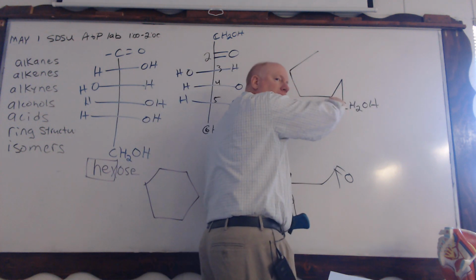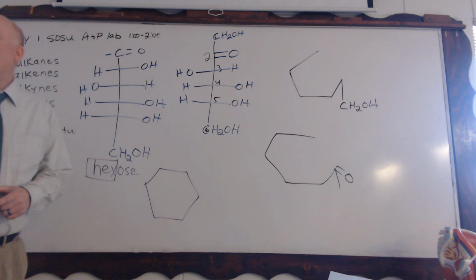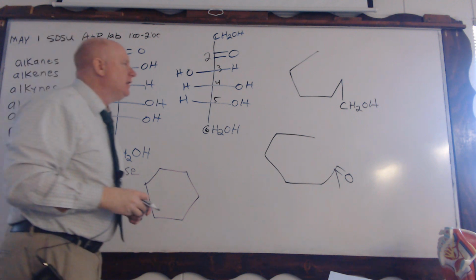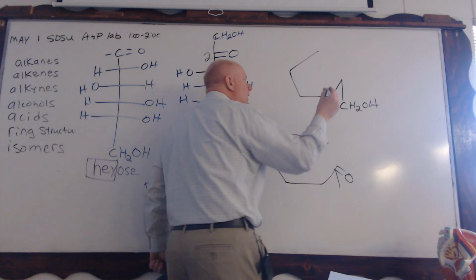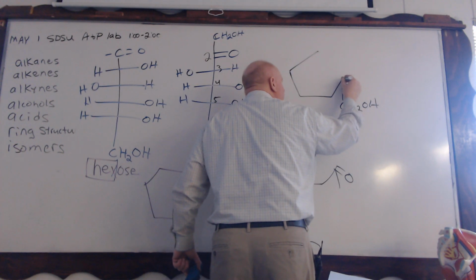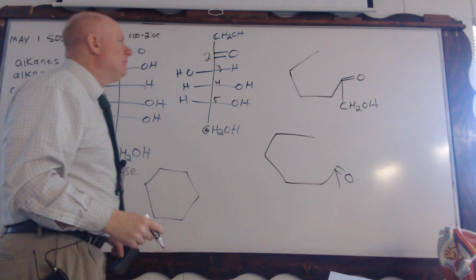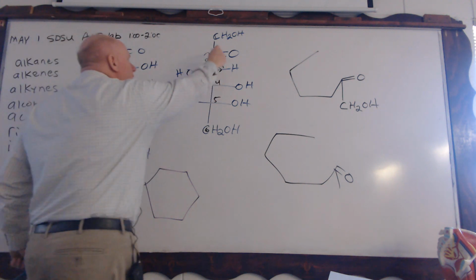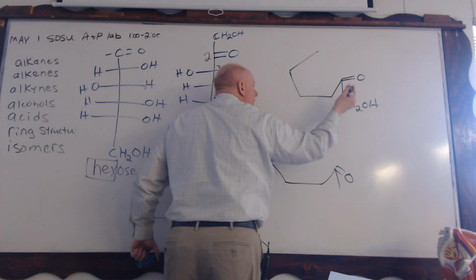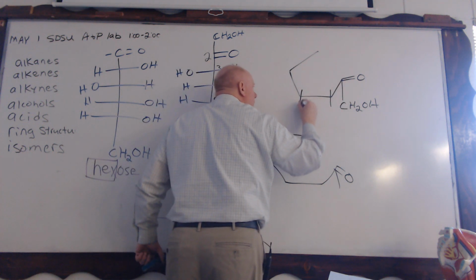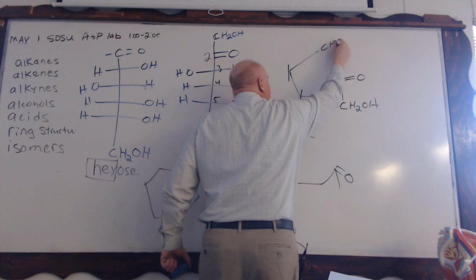Here? Okay. Logically, that would make sense. But you're using logic, and that's not where it's located here. Carbon number 2 is actually located right there. Okay? So carbon 1, carbon 2, then we go 3, 4, 5, and then way out here on the end is CH2OH.